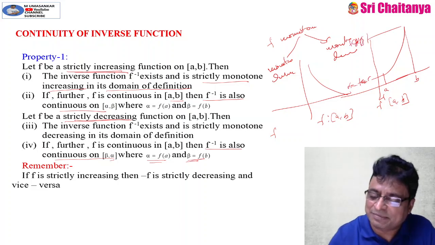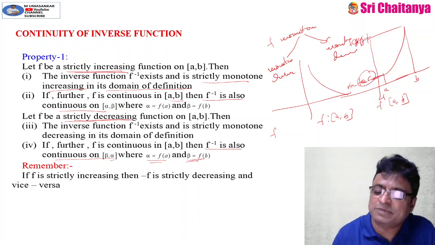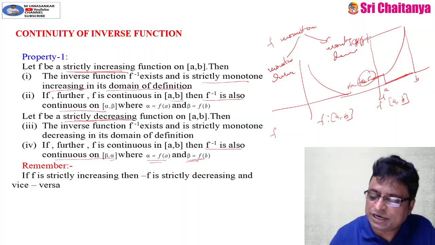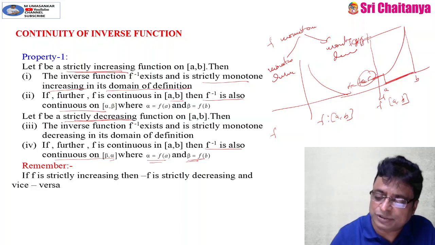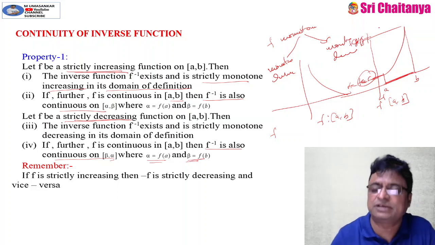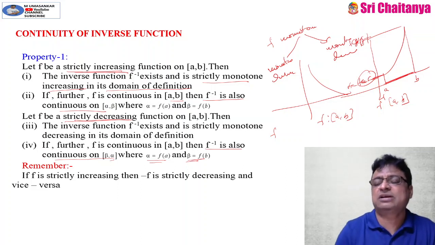Here my f of a becomes the least value and f of b becomes the greatest value. So if closed interval [a, b] is the domain of the increasing function and closed interval [alpha, beta] is the range, then for the inverse function they are automatically in reverse order.